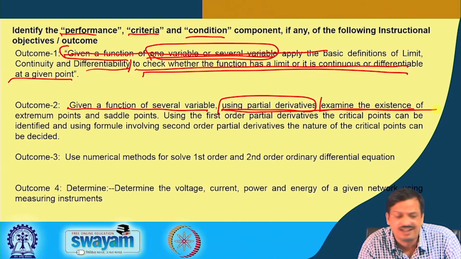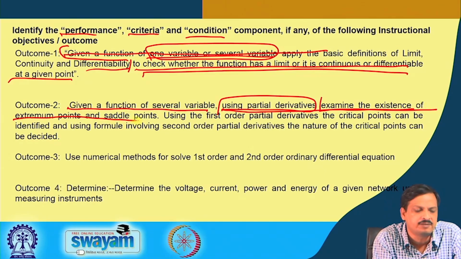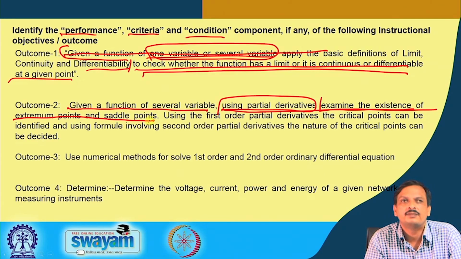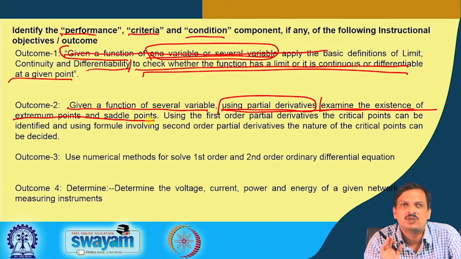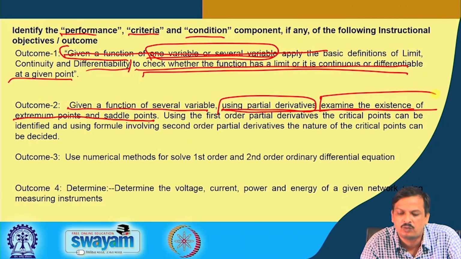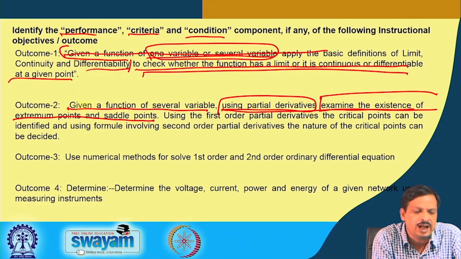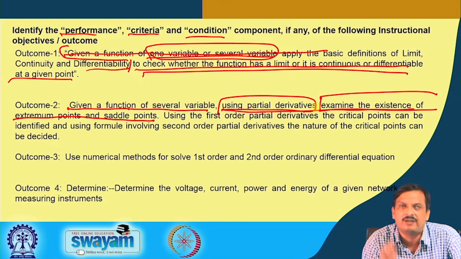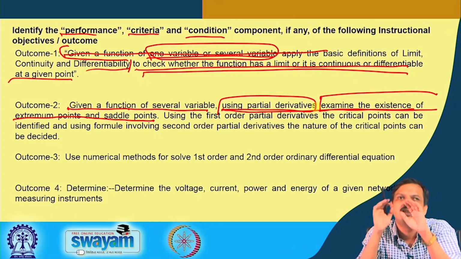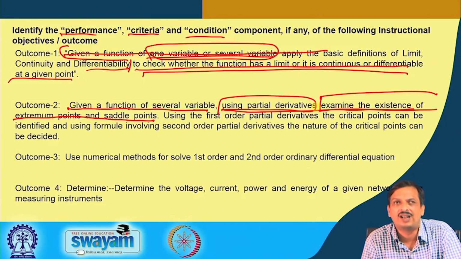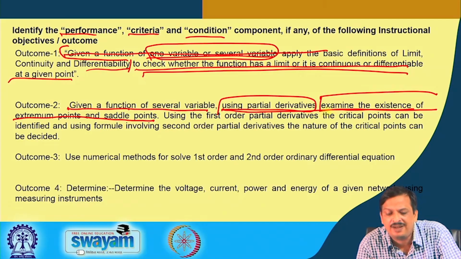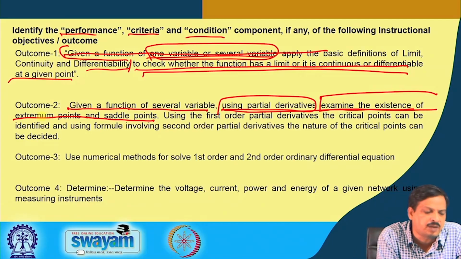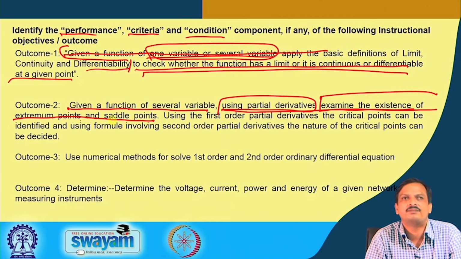Examine the existence of extrema points, that has to be performed. So that is called the performance component. So given a function of several variables using partial derivatives, all are condition components. What do they have to perform? Examine the existence of extrema points and saddle points.